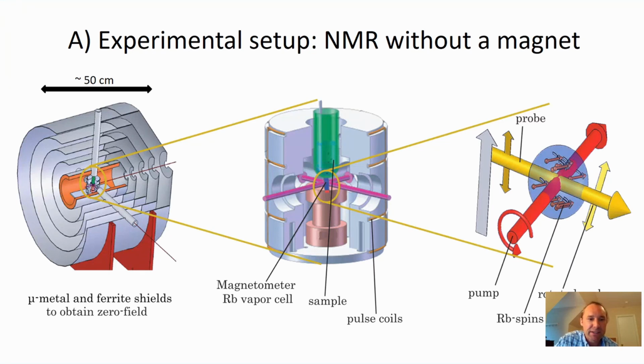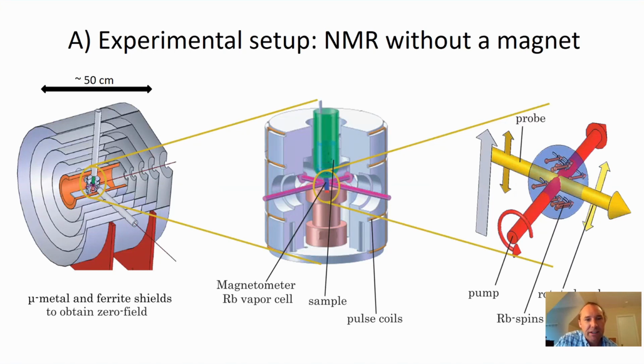From this spin system, from the sample, some NMR signal of course has to emerge. So we have to excite some coherences, and some magnetic fields have to emanate from this sample that then get picked up, for example, with a rubidium vapor magnetometer at the bottom of the green NMR tube. There you see a rubidium vapor cell. It's a glass cell filled with rubidium vapor that we heat a little bit so that the density of the rubidium vapor is big enough.